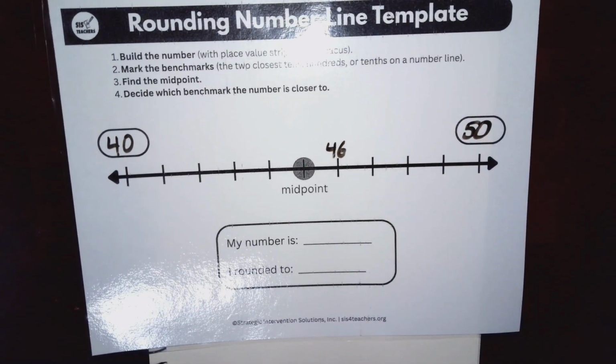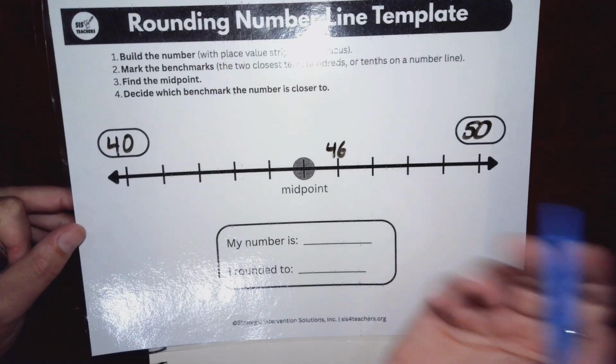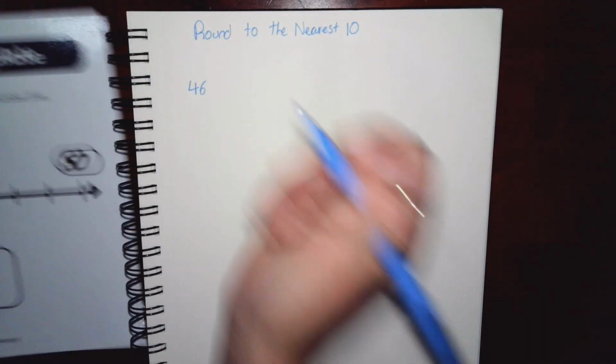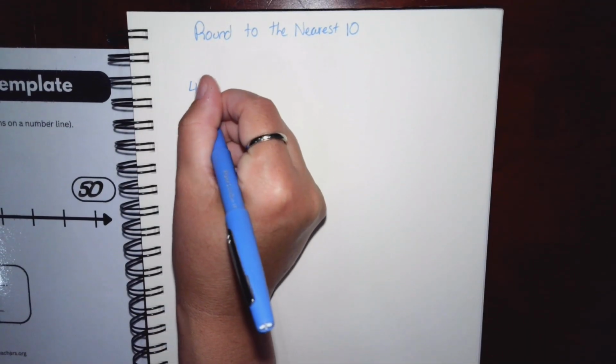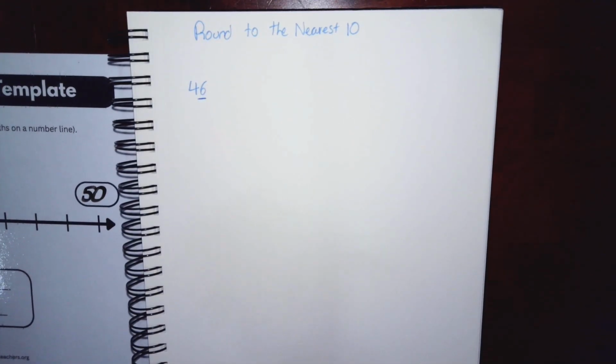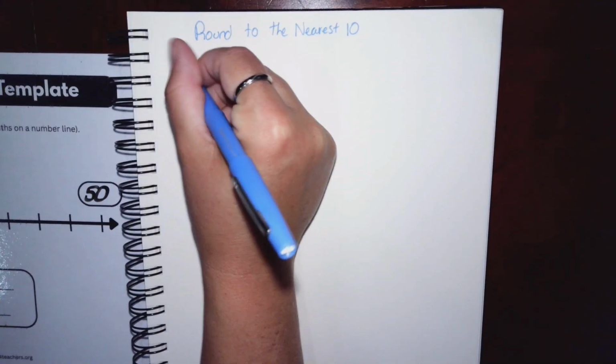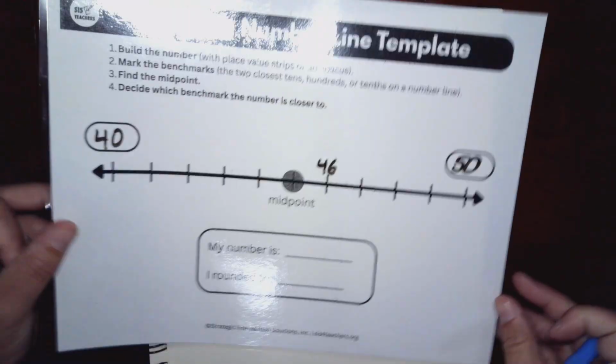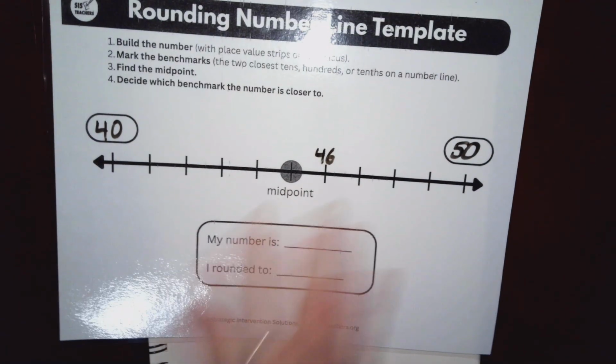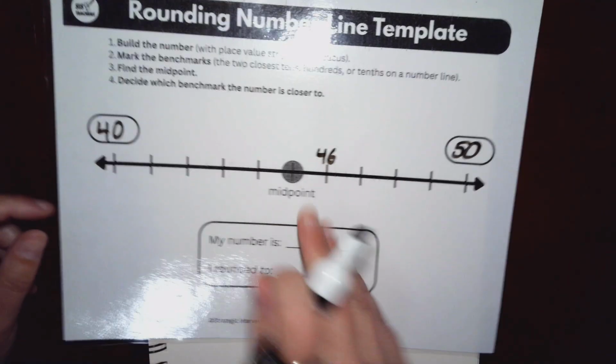So the rule is when you're looking at rounding any number, since we're rounding to the nearest 10, we are going to look at that ones place. And with the ones place, that will tell us what we do with our tens place. So the midpoint here would be 45.